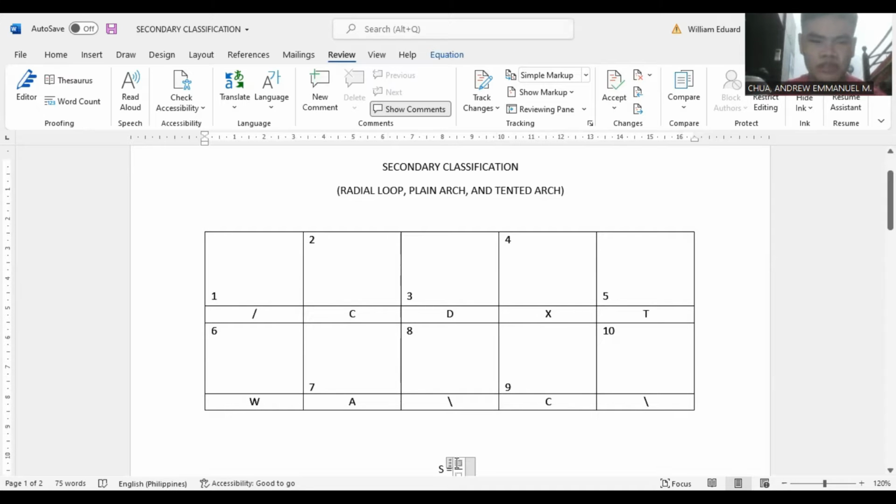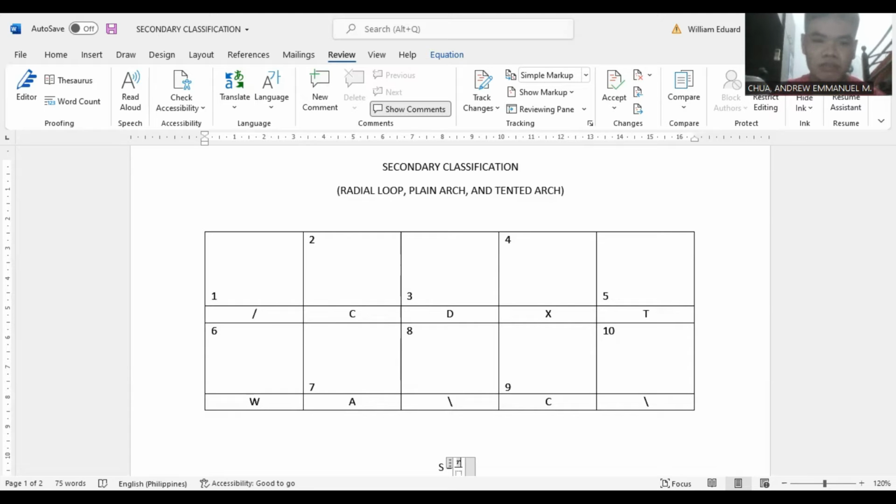In the first finger, we have the radial loop. Now we'll put small letter r. Then the next is the index finger on the right hand, which is the central pocket loop whorl.